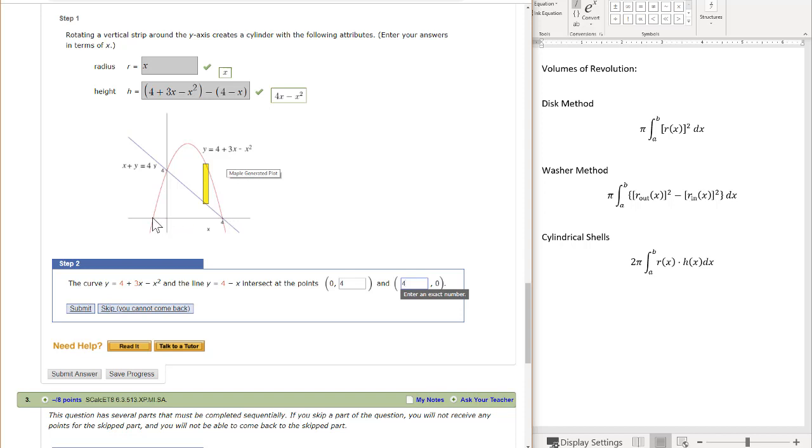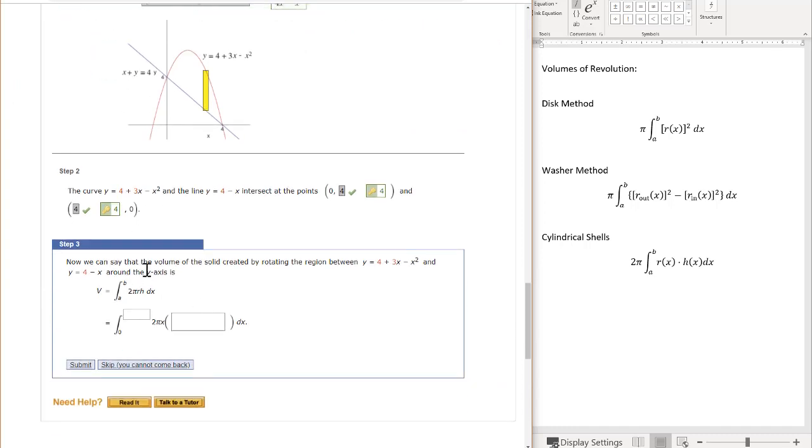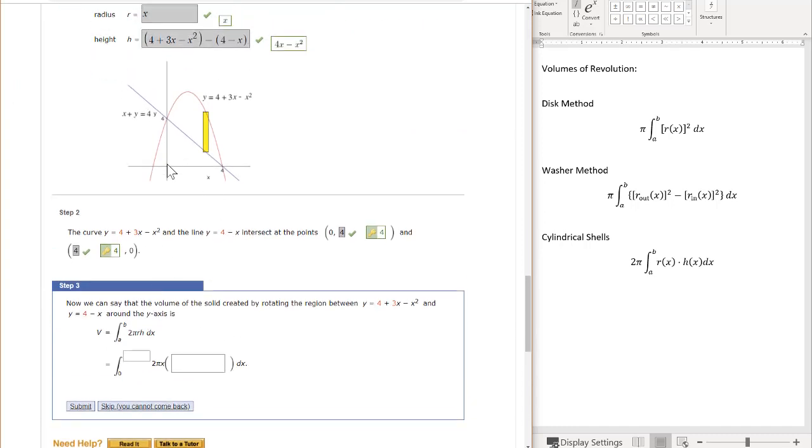I would probably guess negative 1, but we're not going to need that because x is equal to 4 is the value that we want. So now that we know that, we can integrate with x values going from 0 to 4.